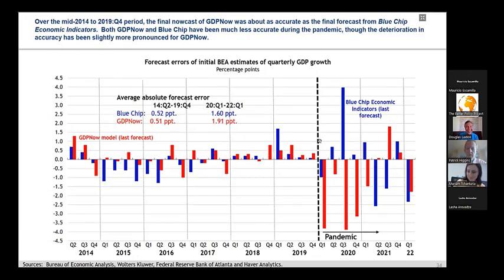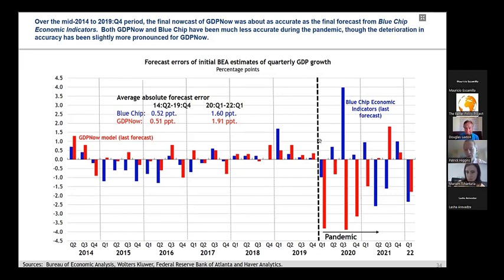Yeah, I think so. This chart essentially shows the errors. The red bars are the errors for the final forecast of GDP just by itself. The blue bars are for Blue Chip indicators. So this is a survey of 40 or 50 economists, and we just take the average of their GDP growth forecasts and use that.